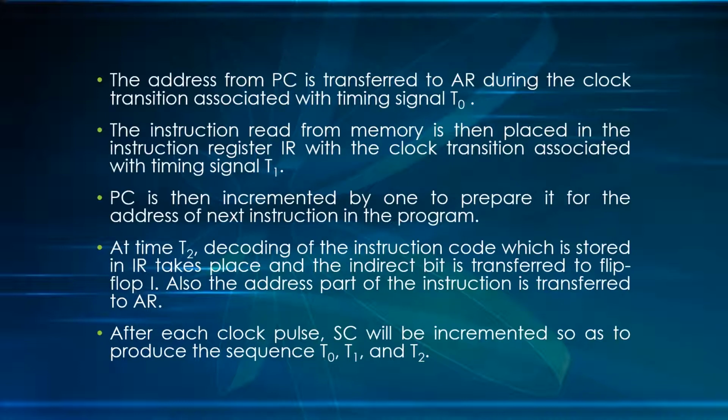At time T2, decoding of the instruction code stored in IR takes place and the indirect bit is transferred to flip-flop I. Also, the address part of the instruction is transferred to AR. After each clock pulse, SC will be incremented so as to produce the sequence T0, T1, and T2.